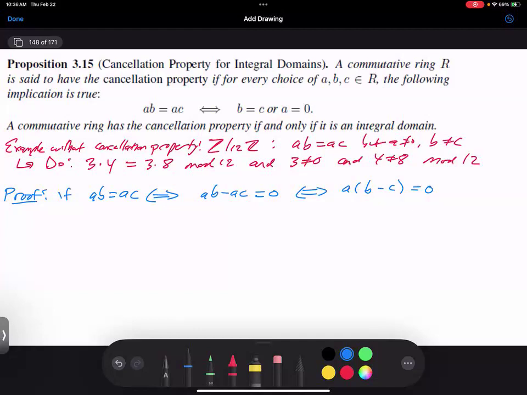Okay. So now, if you're an integral domain, what does that mean if A times (B minus C) equals 0? So if R is an integral domain, then no divisors of 0.